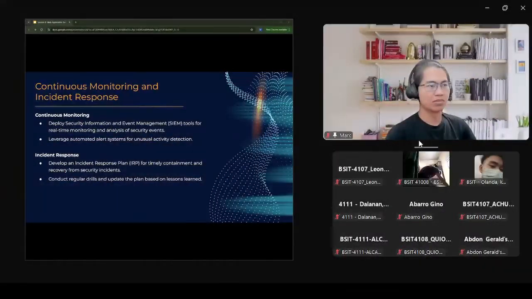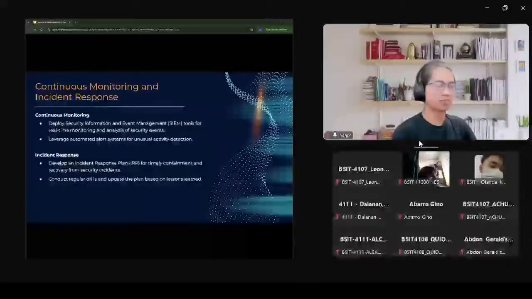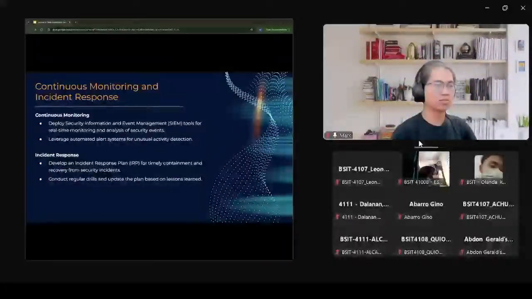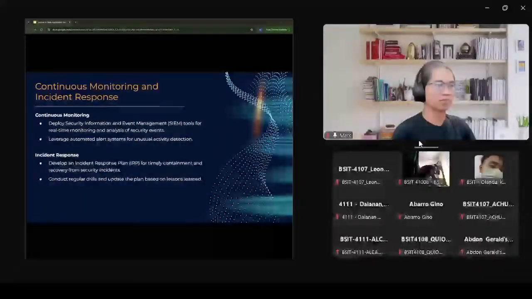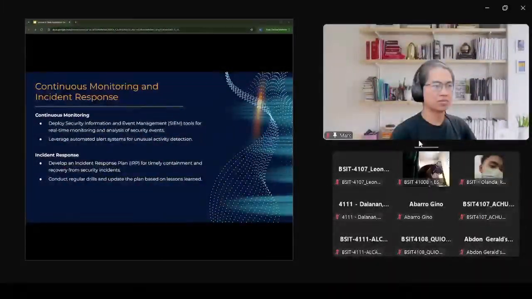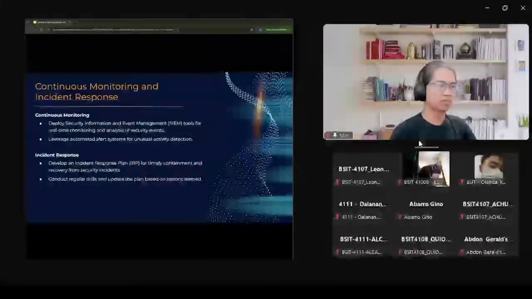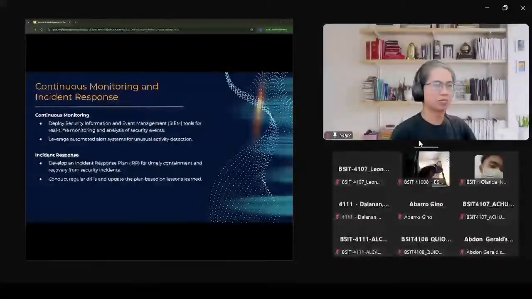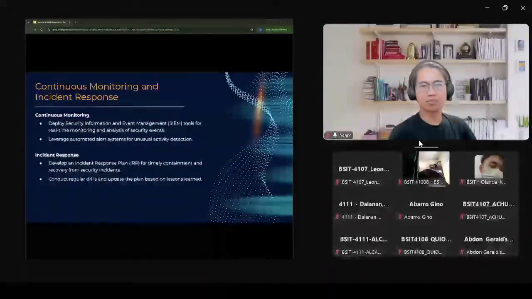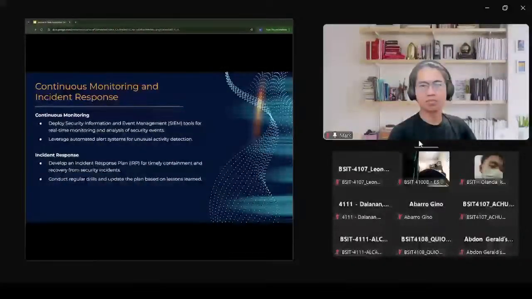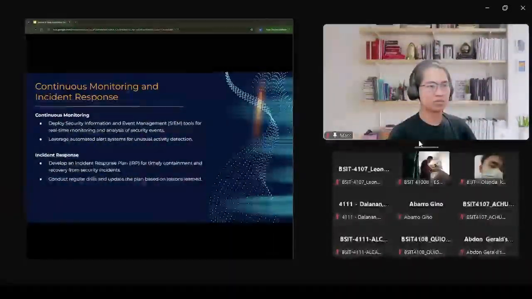Security information and event management, or SIEM, like Splunk or Elastic Security, collect and analyze security-related data from across your systems. They provide real-time alerts when suspicious patterns are detected, such as failed login attempts, unauthorized access to sensitive files, or unusual traffic spikes.